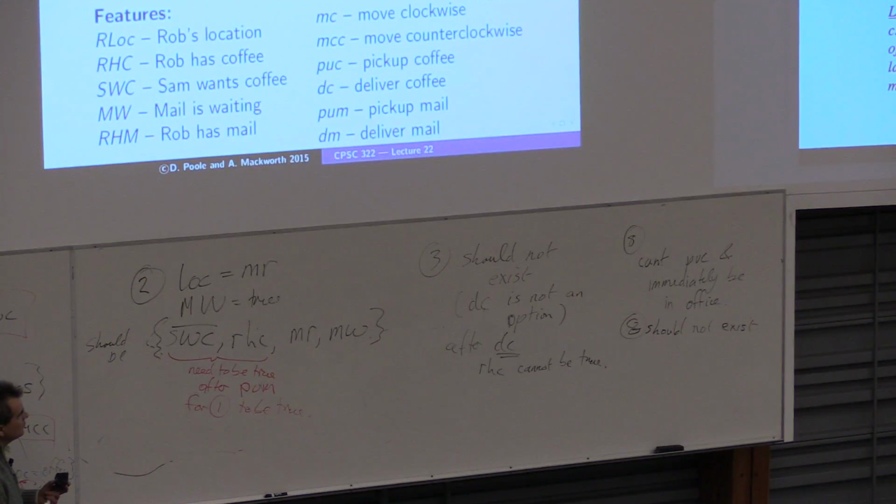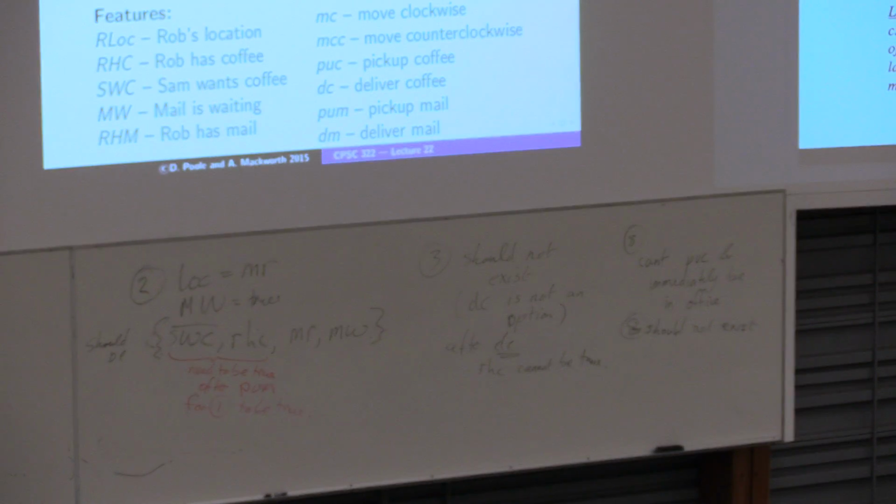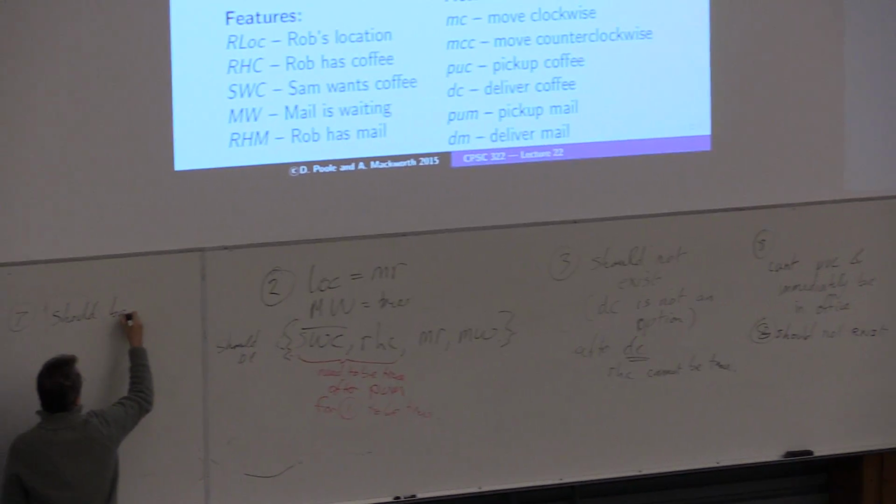So I picked up coffee when moving clockwise, right. So 7 should have, how should it be different? So it should have robot has coffee, right?